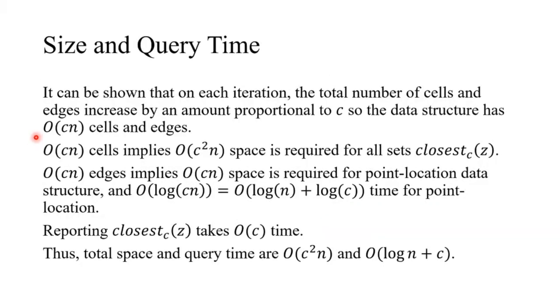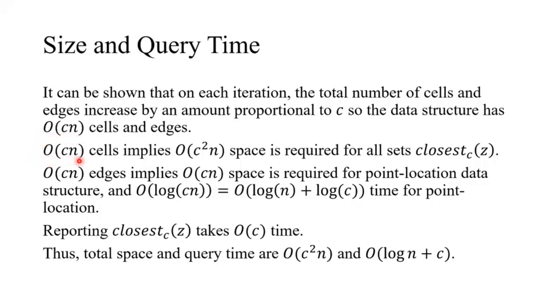Now let's see the size and query time requirements for this closest C data structure. So first, it can be shown that on each iteration, the total number of cells and edges increases by an amount that is proportional to C, and so the data structure has big O of Cn cells and edges.